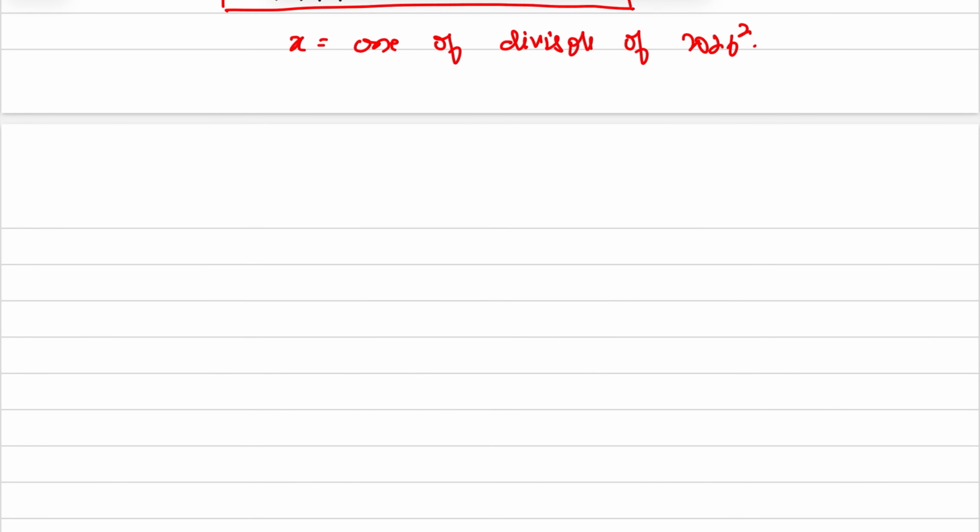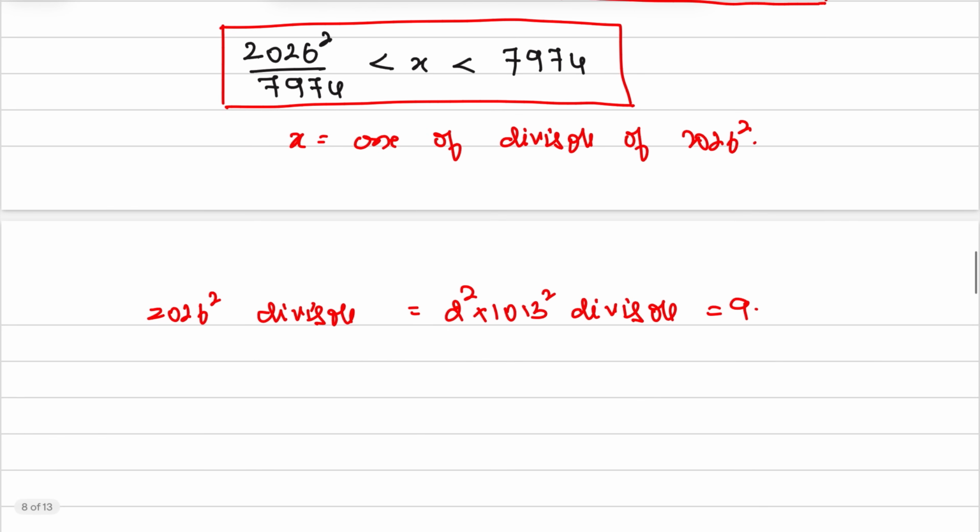Now 2026 whole squared divisors, how many are there? That is 2 squared into 1013 whole squared divisors. That is equal to 9. Let us try to write them.